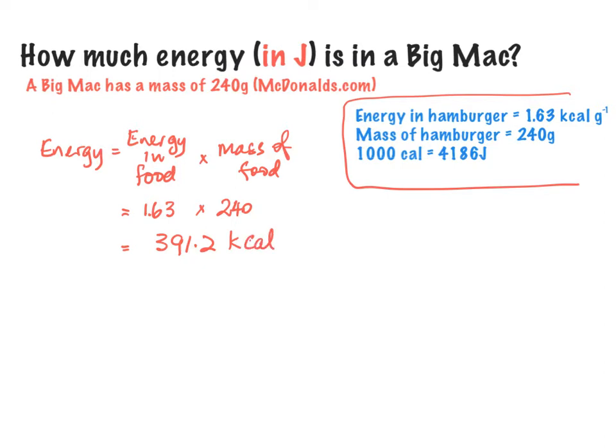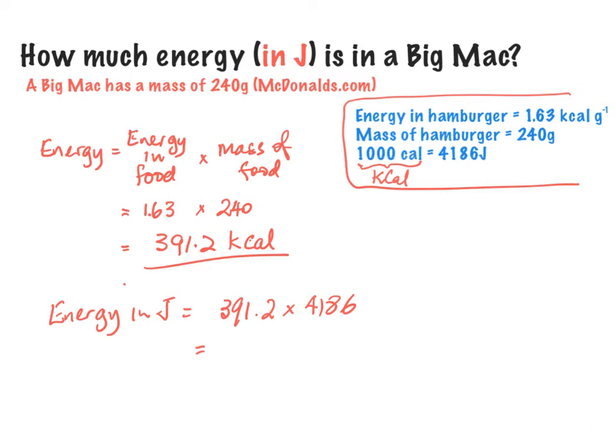Now this, if you think about 1,000 calories, is a kcal. So each calorie corresponds to 4186 joules. So energy in joules is going to be equal to the calories or kilocalories times the conversion rate.